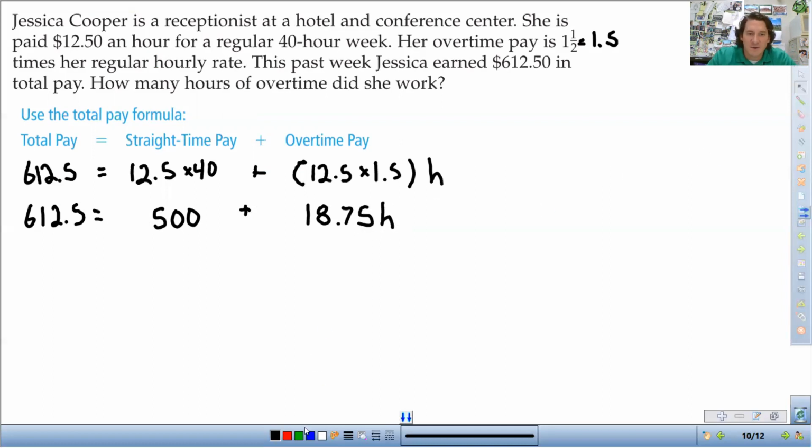Solve this. First thing I'm going to do is subtract 500 from both sides. So 612.5 minus 500 is 112.5.